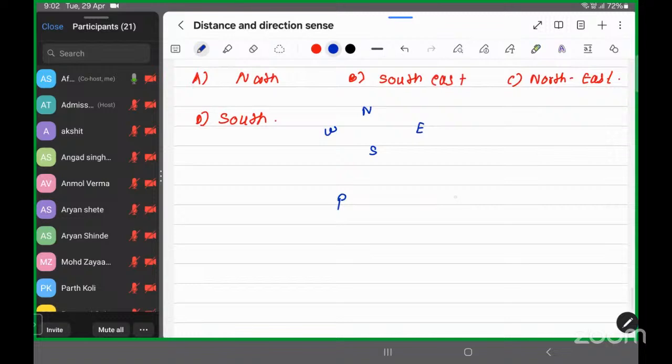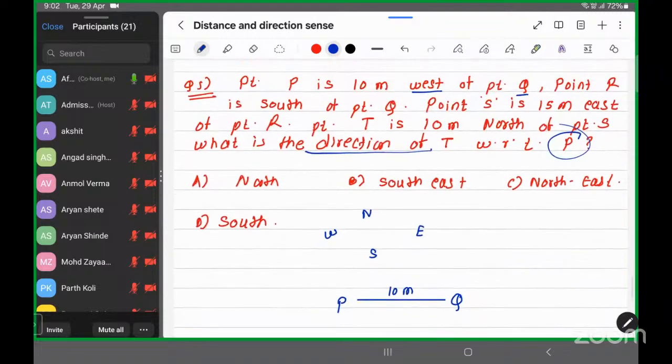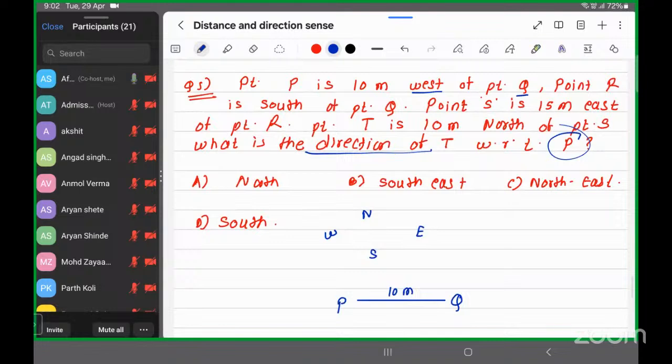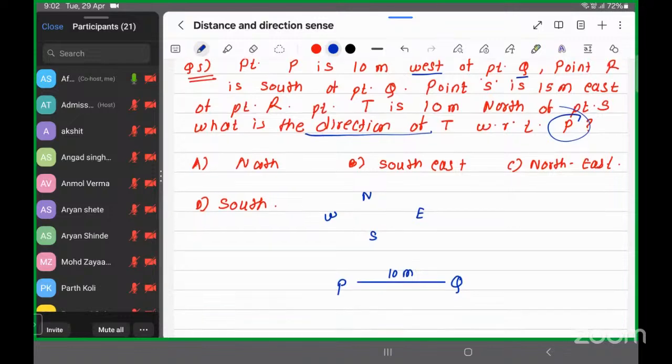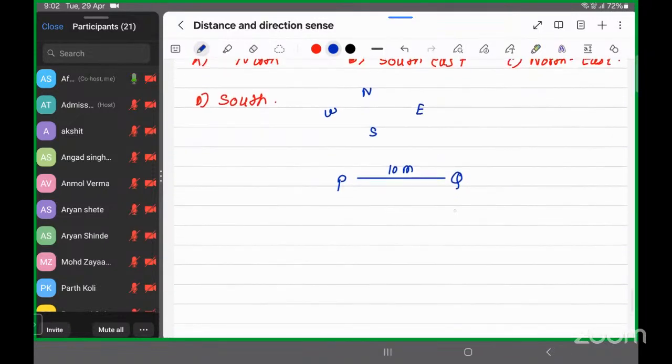Then it is the west of Q, meaning Q is at that sign, and this is west of Q, and this is 10 meter. Do you get what I am saying? Yes, sir. P is 10 meter west of point Q. Point R is south of point Q, na. So south of Q is this, so it is R there.